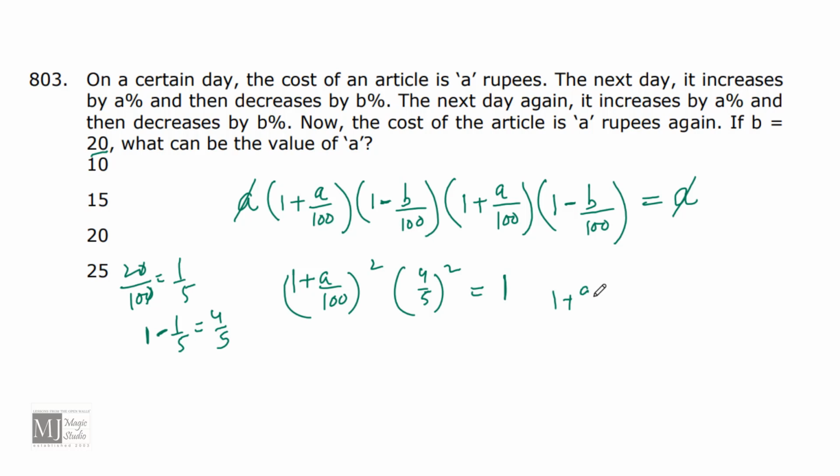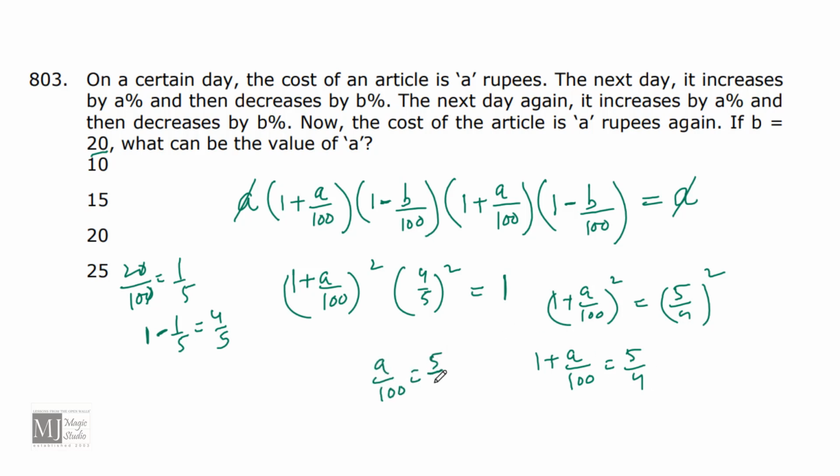That means 1 plus a by 100 whole square equals 5 by 4 whole square. 1 plus a by 100 is 5 by 4. A by 100 is 5 by 4 minus 1, that is 1 by 4. So a is 100 by 4, that is 25%.